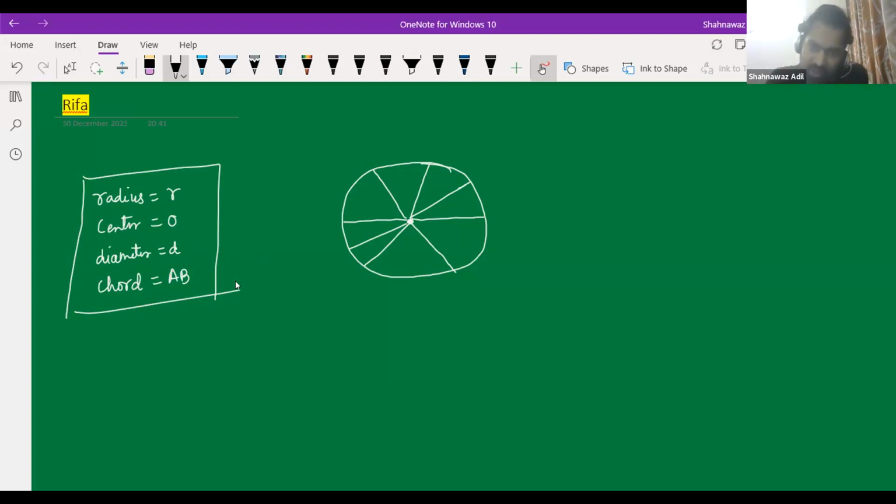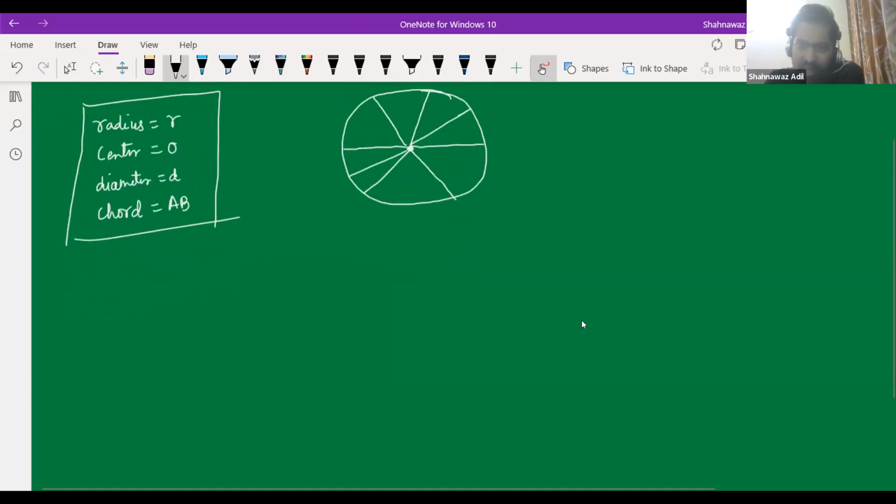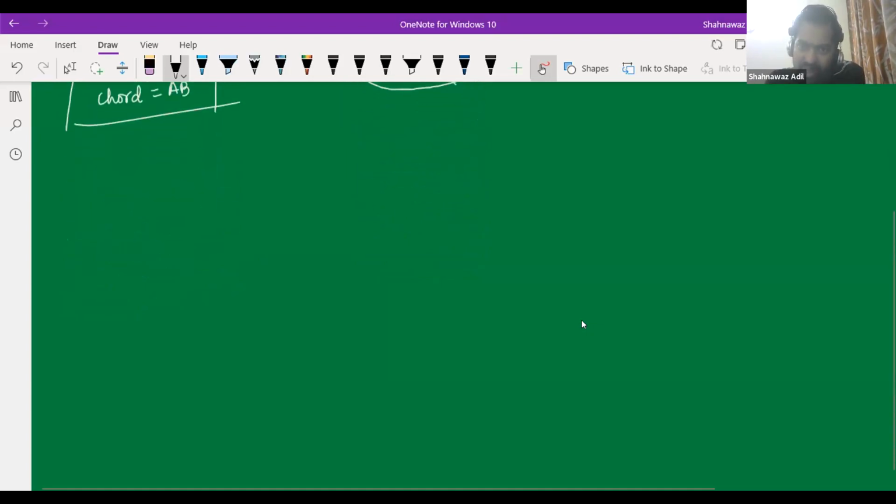Let's say we have this circle, and we already know about the radius, the diameter, the chords.